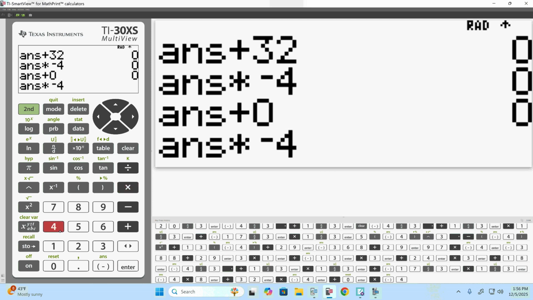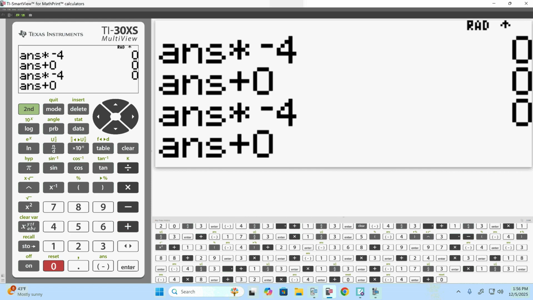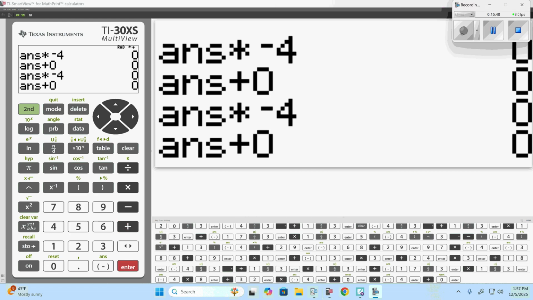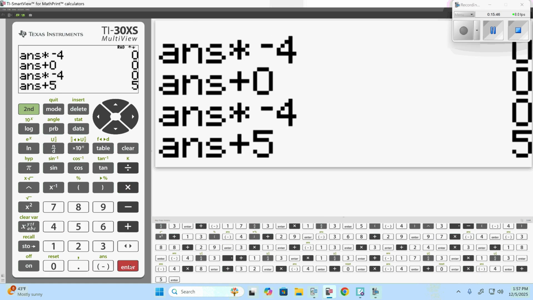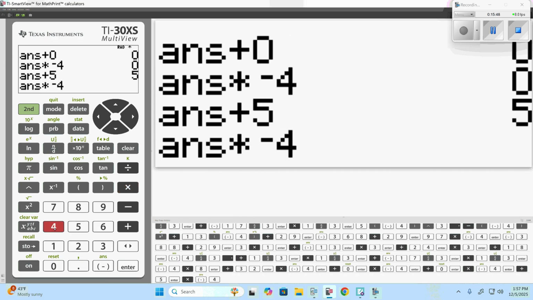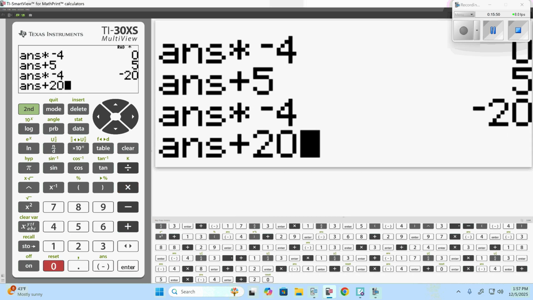Then we multiplied by -4 and got 0, added 0. So then we would multiply by -4 again, and then now add 5 to it, times -4, and then lastly add 20. So that multiplication and addition, we can do most all that in the calculator. It'll do it for us.